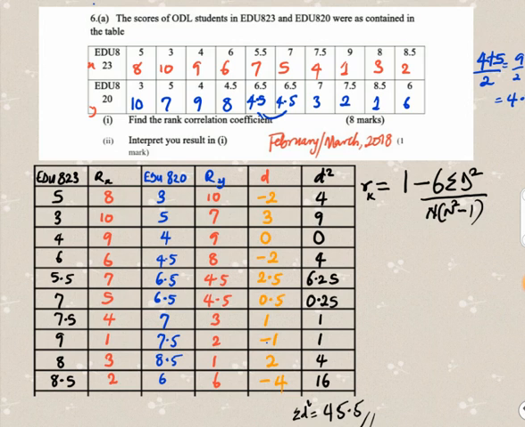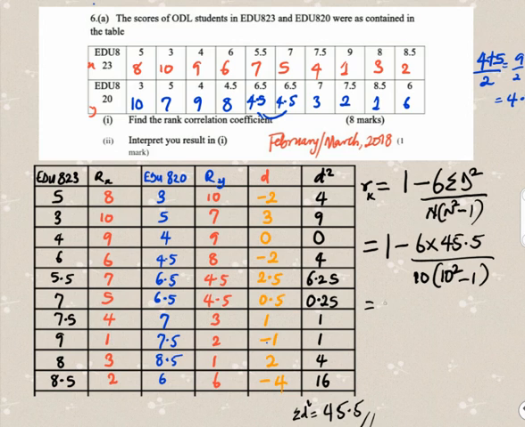All right, let's move on now. So we're going to have 1 minus 6 times summation d square over n, which is 10 into 10 square minus 1.